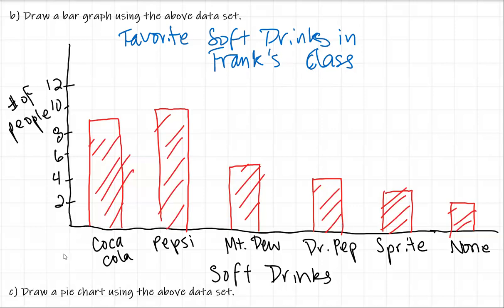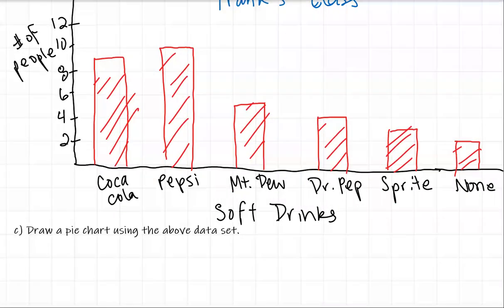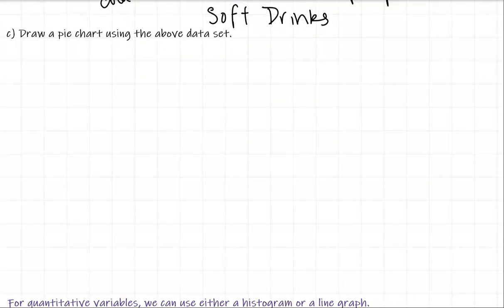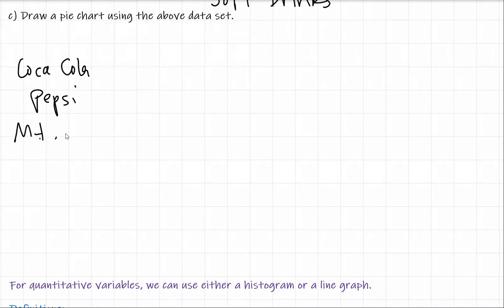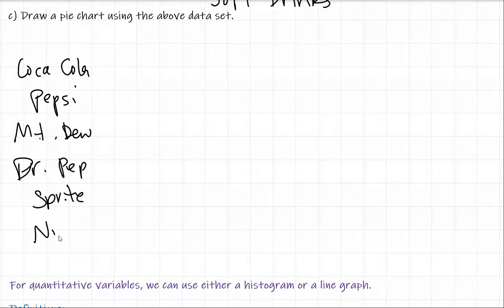Okay. Now let's go ahead and do our pie chart. It's going to be a little crude here. To do our pie chart, it might be nice if we could pull from our relative frequencies. So we have Coca-Cola, Pepsi, sorry, almost skipped one, Mountain Dew, Dr. Pepper, that's a D, Sprite, and none.